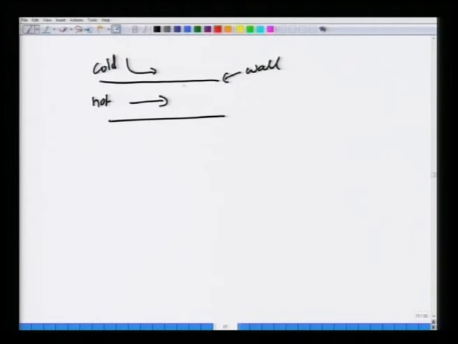For example, if the hot fluid is flowing like this, in only one direction, and there is a temperature difference between this fluid, this T inside is different from T outside. This provides a driving force for heat transfer in the direction perpendicular to the flow, but since there is no fluid flow in this direction, heat transfer can happen only by conduction.